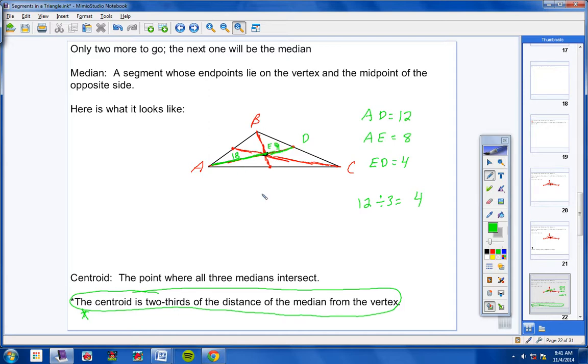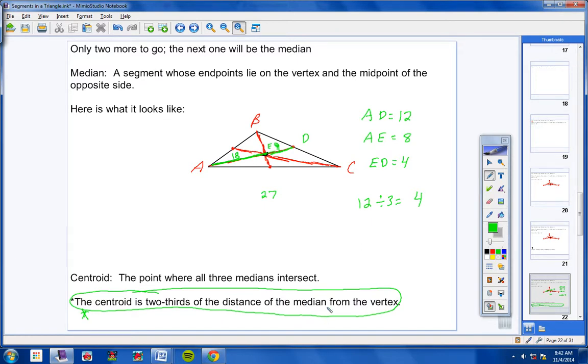And then the whole length would be 27. So look that over, guys, make sure you understand that, okay? But that is what we know about this point here. And this point here where all three medians intersect is called the centroid, okay? The centroid. And it's 2/3 of the entire distance of the median from the vertex.